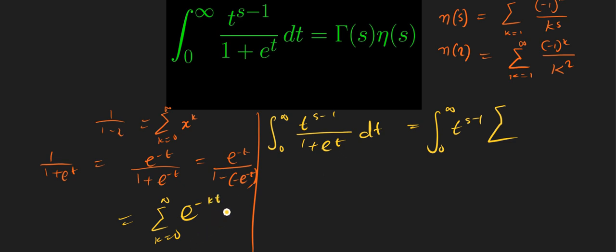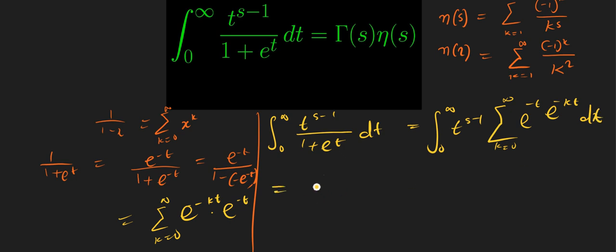Because of the e to the negative t, you also have an extra factor of e to the negative t as well. So this would be the sum as k runs from 0 to infinity of e to the negative t, then e to the negative kt, and then the dt, obviously.